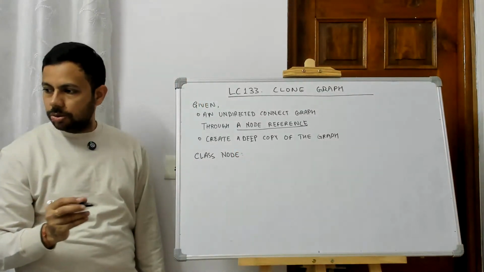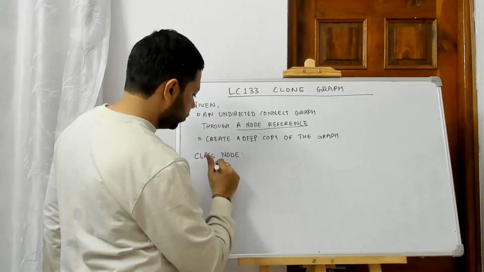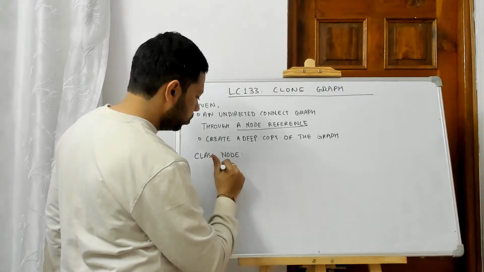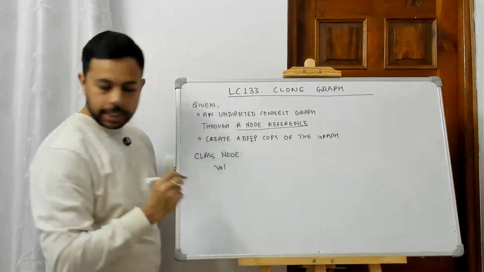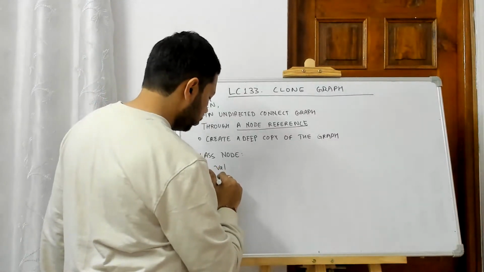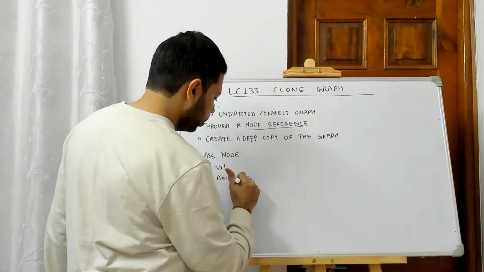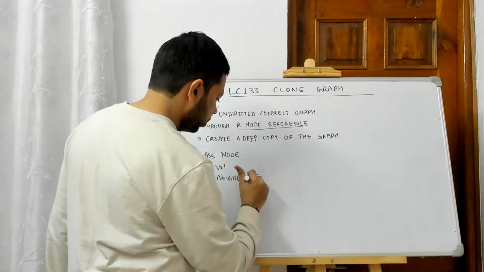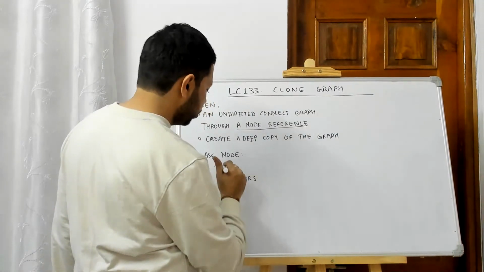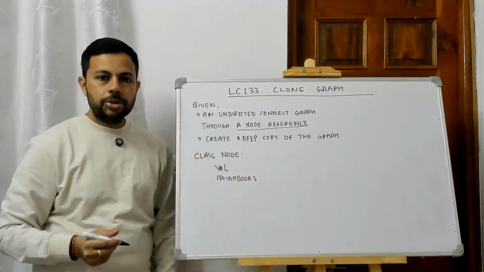The class node contains two things. First is value and the other is list of neighbors. You have access to the value of the node and the neighbors.